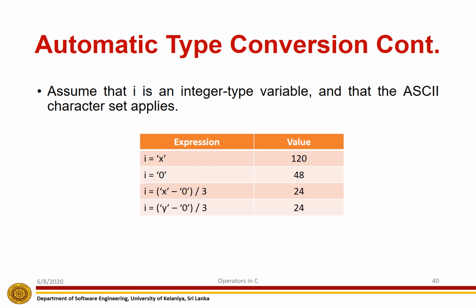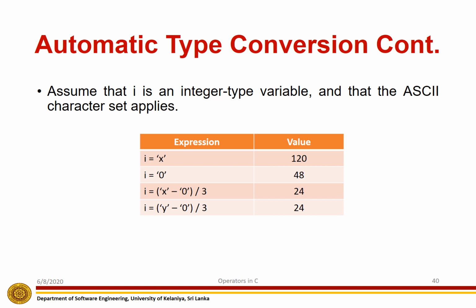Here 0 is also a character type. The ASCII value for '0' is 48. So 48 is assigned to i. Then the third one, i = ('x' - '0') / 3. So 120 minus 48, 72, divided by 3, 24. So 24 is assigned to i, then i = 24.